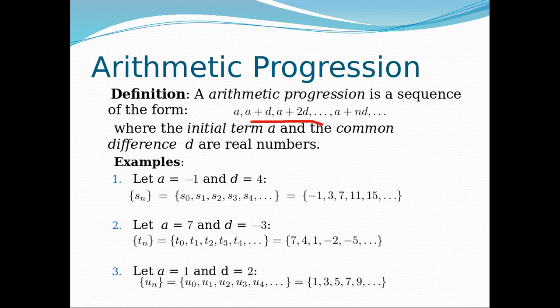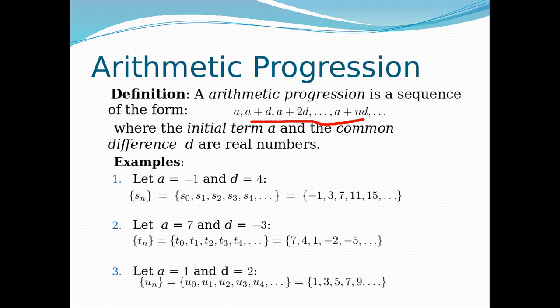As you can see, the initial term is a and d is the common difference. We call it a difference, and we are just adding it. d could be negative, in that case it would be decreasing, and if d is positive, then the arithmetic progression would be increasing.